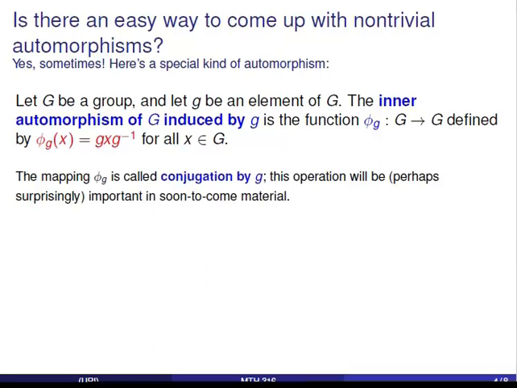First, we'll add some more vocabulary to the slide. This operation of mapping x to gxg inverse is called conjugation by little g. It's the main idea behind the inner automorphism, and we will definitely see it again as this class goes on. You may have also seen it before in a linear algebra class, such as when a matrix is diagonalized. It's a very fruitful idea.